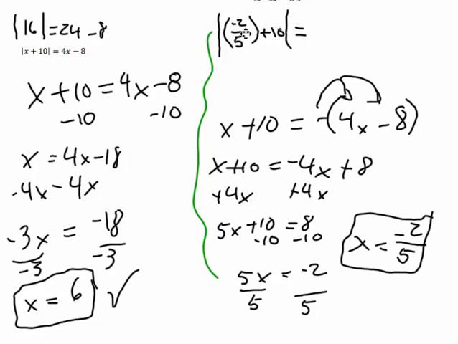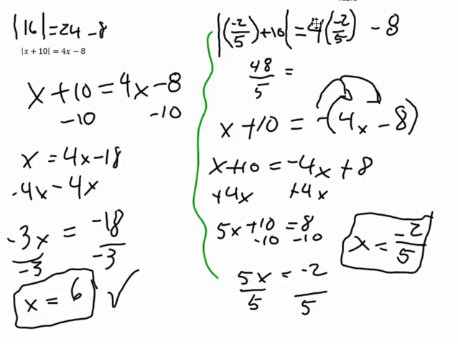Equals, so the absolute value of negative 2 fifths plus 10 equals 4 times negative 2 fifths minus 8. Now let's just see if that's true. Well, negative 2 fifths plus 10, well, that's going to be 50 over 5. 10 is the same thing as 50 over 5, and 50 minus 2 gives me 48 fifths.